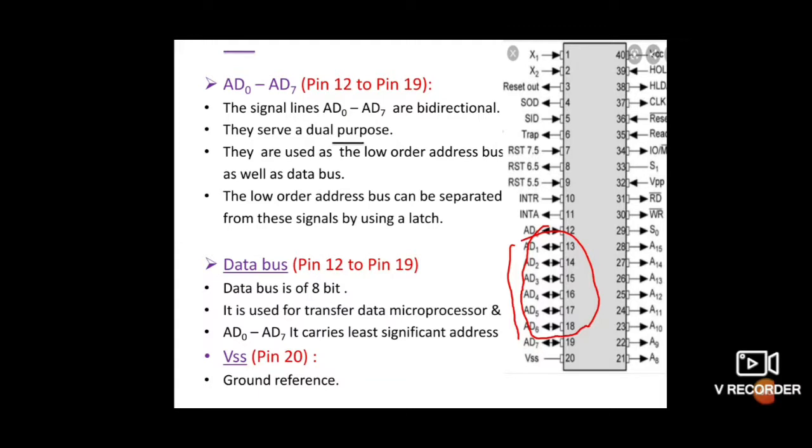So how does the peripheral or microprocessor understand which is the address bus and which is the data bus?